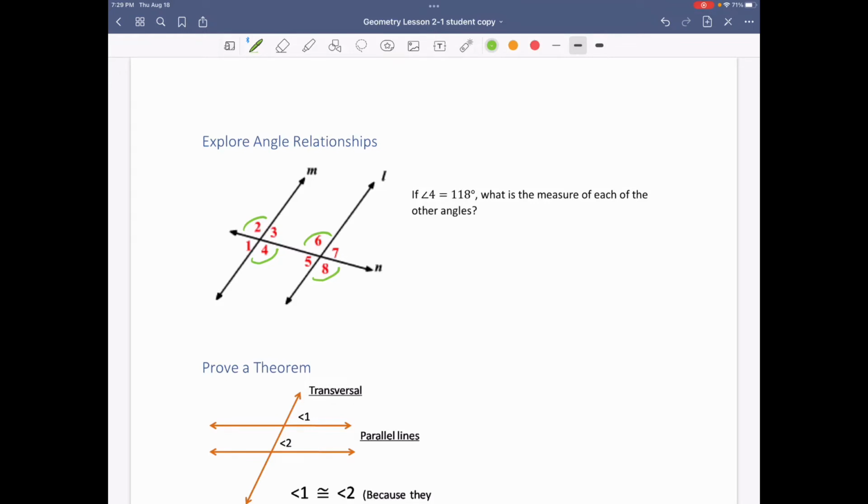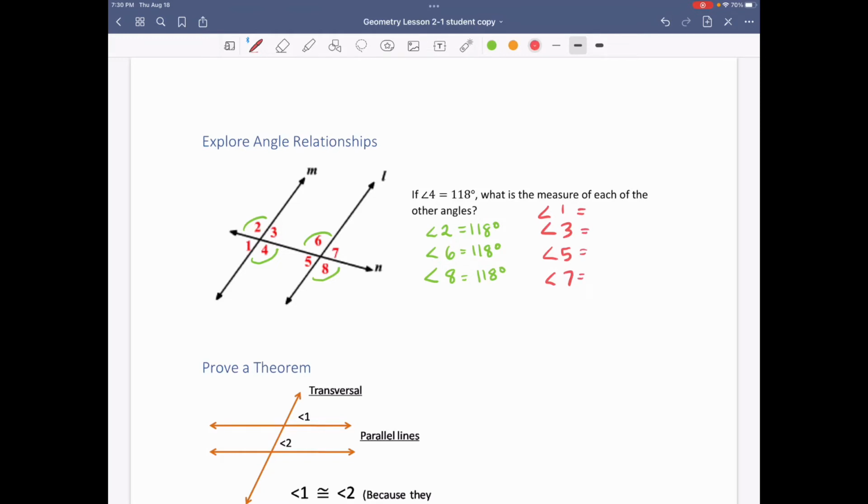So then we can write that angle 2 is equal to 118 degrees. Angle 6 is equal to 118 degrees. And angle 8 is equal to 118 degrees. So now we want to figure out what angles 1, 3, 5, and 7 are. So what are angles 3, 5, 1, and 7 equal to?